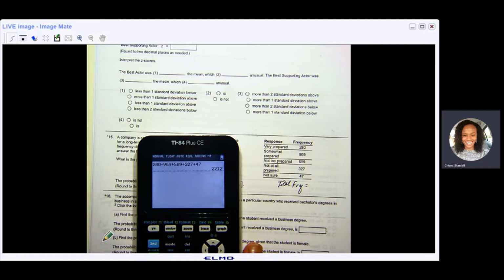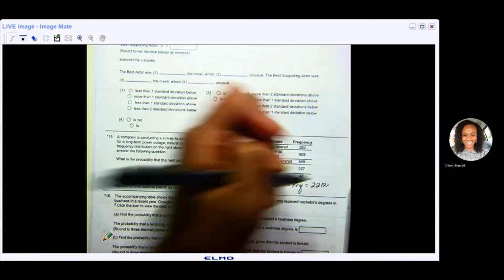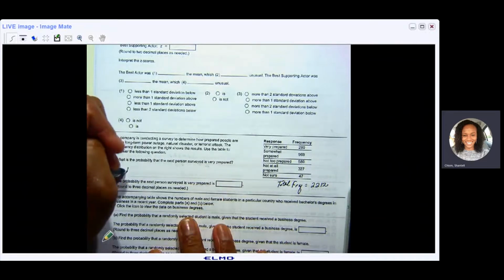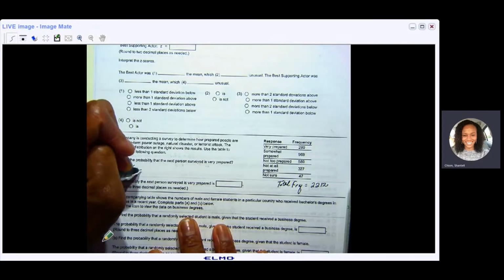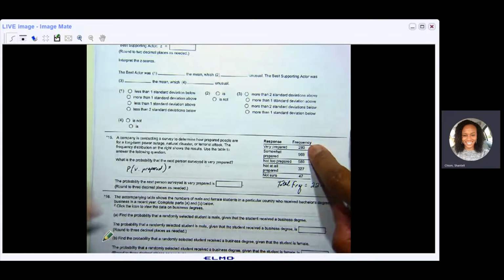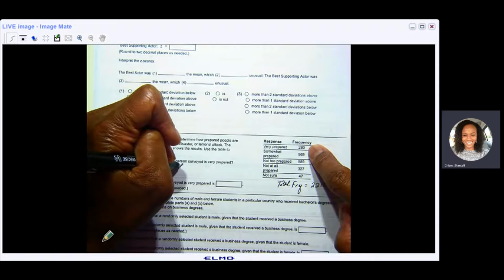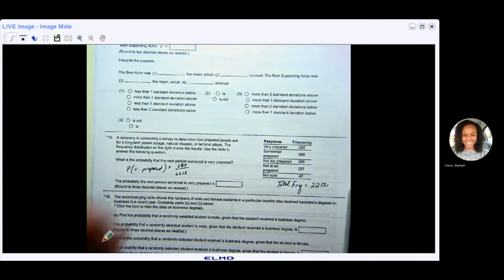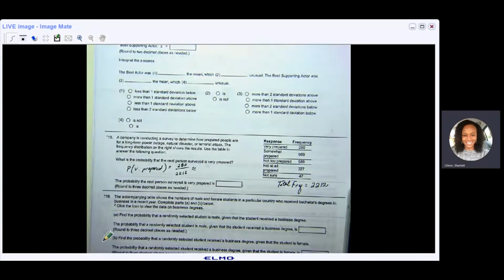So 2212. And then specifically, what is the probability of choosing the next person and that next person being very prepared? Well, that would be 280. How many said they were very prepared out of the total? 2212. And of course, you'll round that to a decimal.